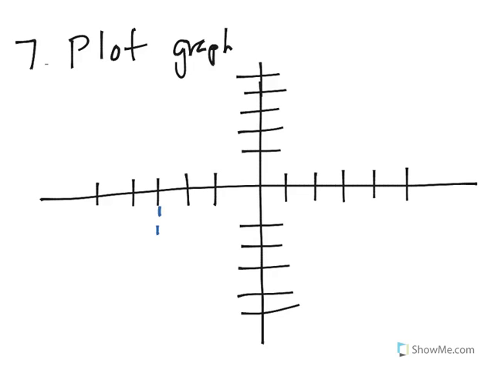So I know my negative 3 is right here. I'm just going to draw a line like this. Positive 3 is right here. And my horizontal asymptote is 2. So I'm drawing this line right here.